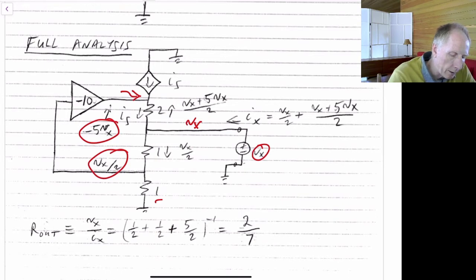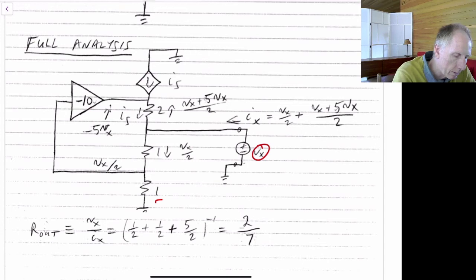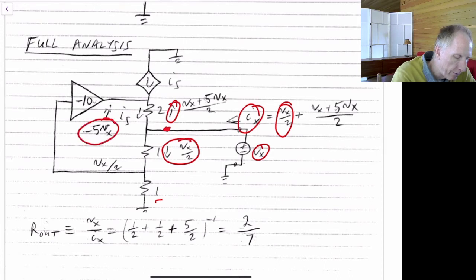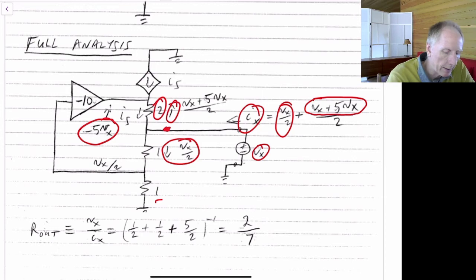We can now find the current Ix. Ix is going to be this current, which is Vx over 2, plus this current. And this current at the top here will be Vx minus negative 5 times Vx. So Vx minus negative 5 Vx, which is Vx plus 5 Vx, and divide by 2 because Rs is equal to 2.